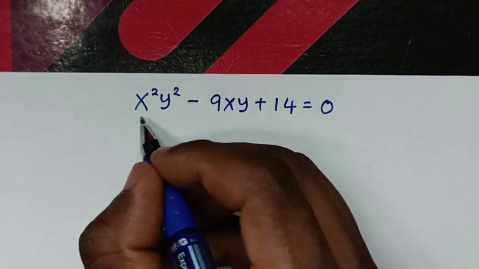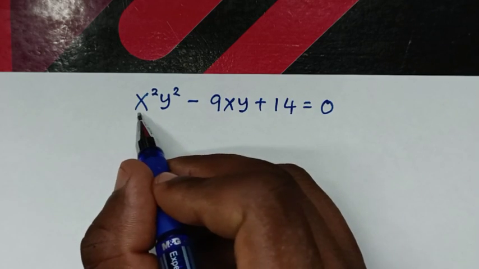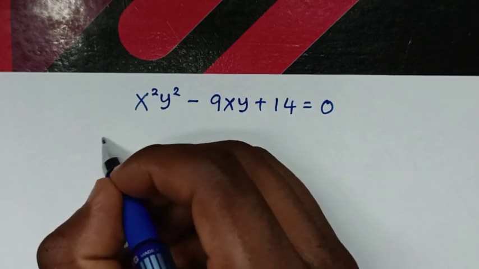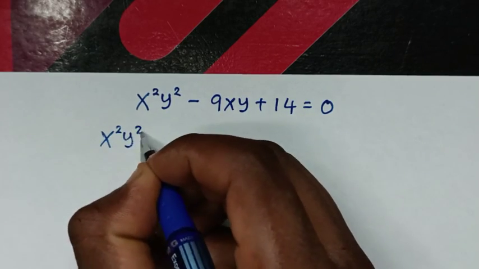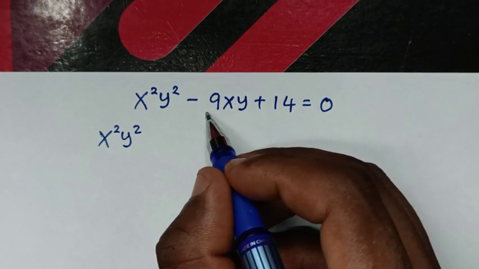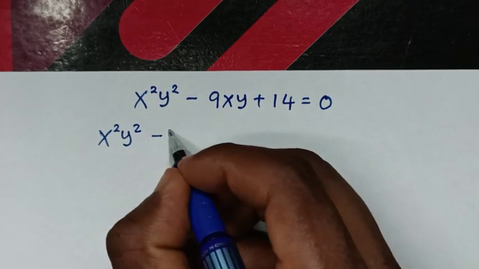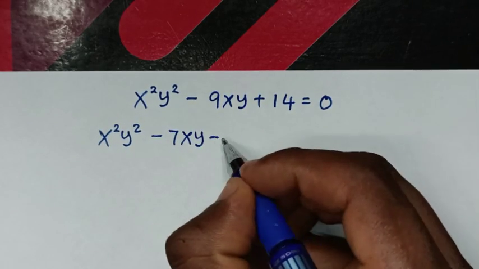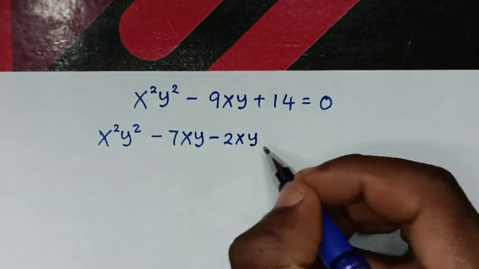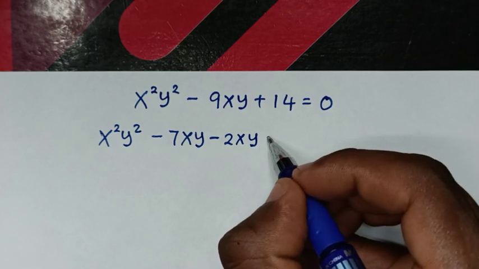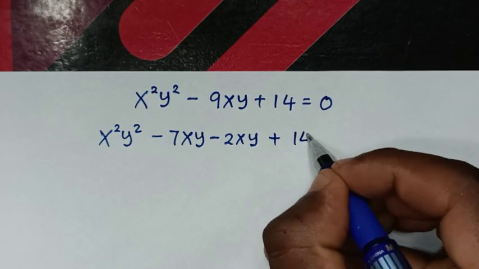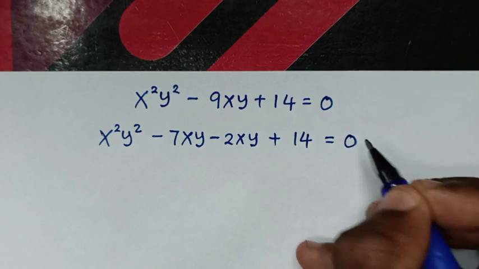So it is a quadratic equation in terms of xy. Here, x square y square, then negative 9xy is the same as negative 7xy, negative 2xy. Then plus 14 is equal to 0.